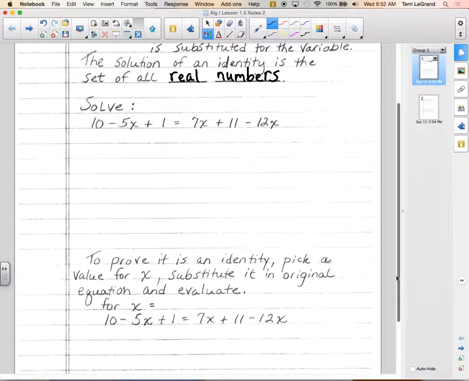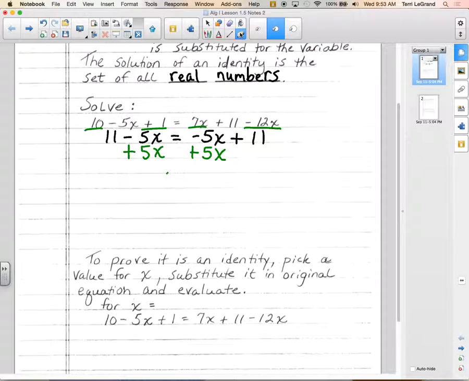I would simplify both sides first. Again, some of you might have taken a different route than I did.